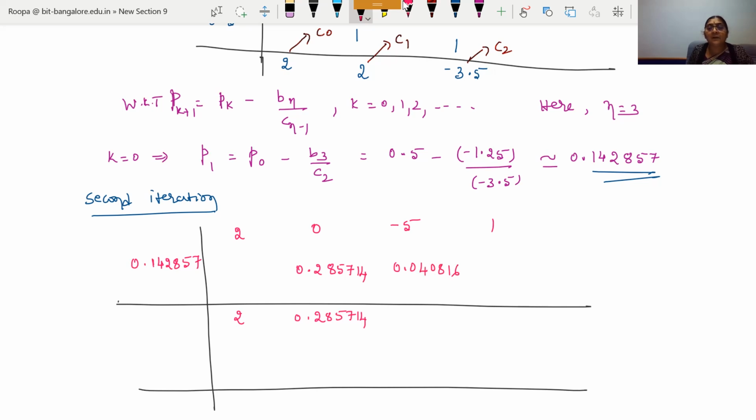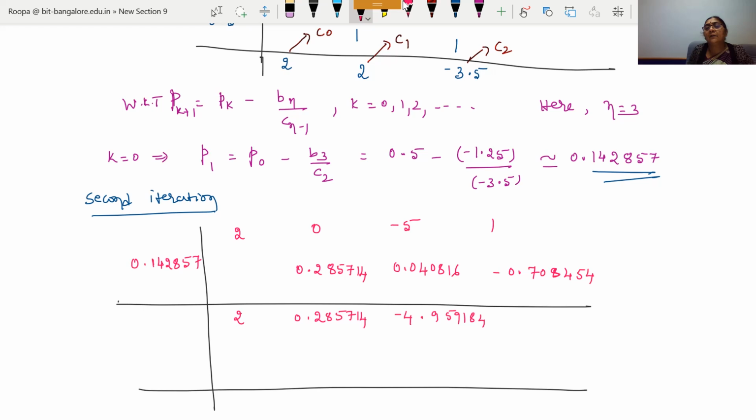Add with minus 5, we get minus 4.959184. Multiplied again with 0.142857, that is minus 0.708454.